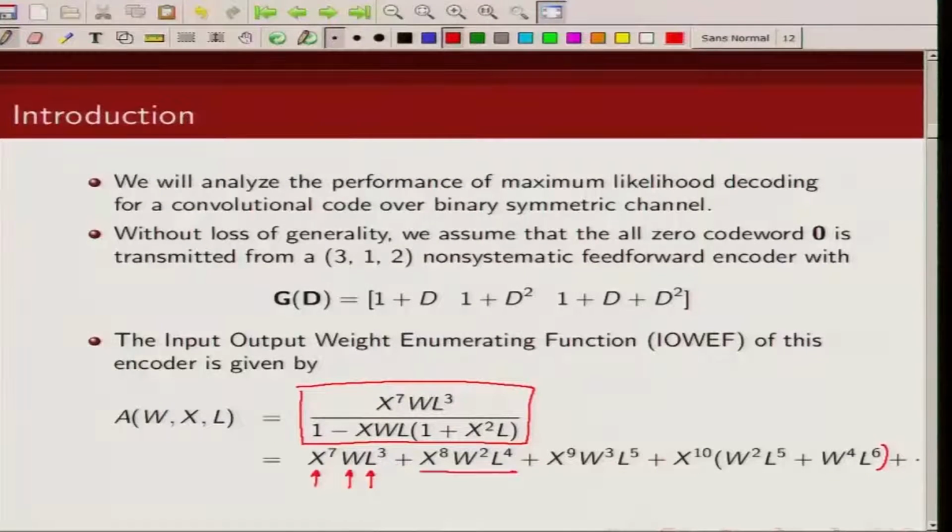This can be interpreted as there is a code word of weight 8, the corresponding input weight is 2, and it has length 4. Length 4 meaning, again, what L denotes: you have your code word diverging from the all 0 state, and then after staying in some non-zero state, it merges back into the all 0 state. So, L denotes the time from which it moves away from the all 0 state to the time it takes to come back to the all 0 state.